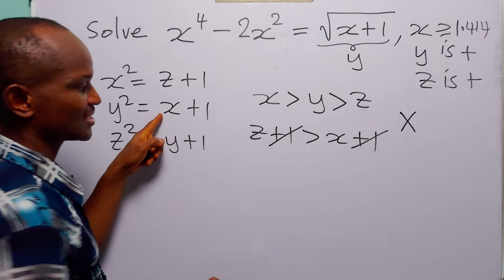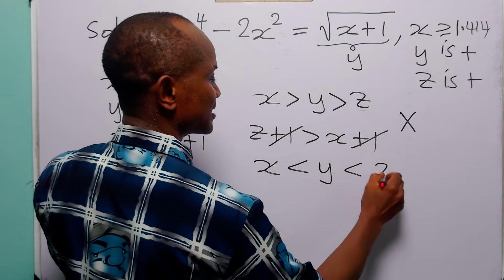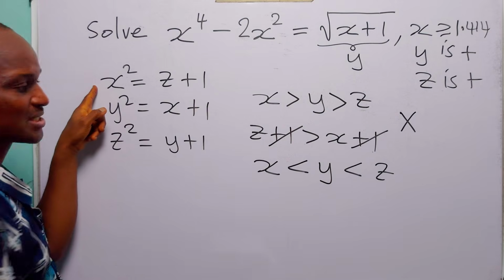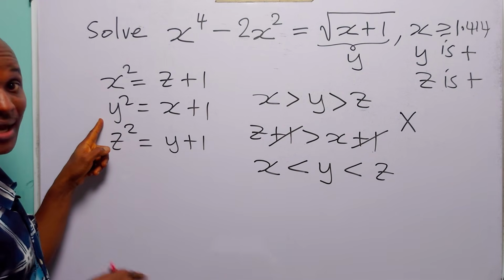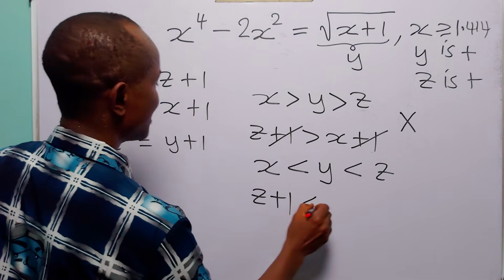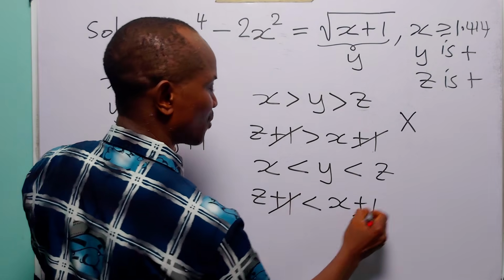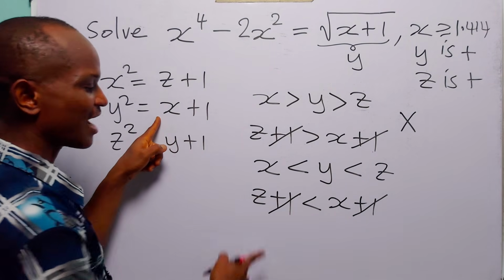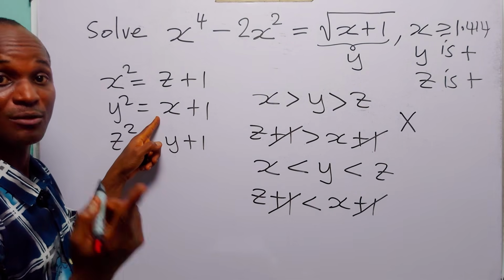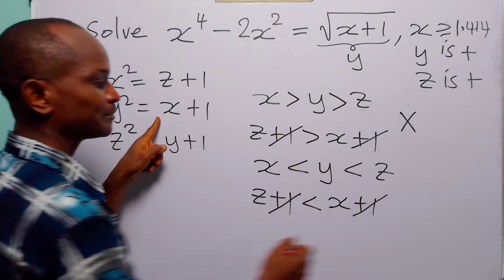Now, on the other hand, let us assume that x is less than y, which is less than z. That simply means that x squared must be less than y squared, and in turn, z plus 1 must be less than x plus 1. Once more, if we subtract 1 from both sides of this inequality, we have that z is less than x, which is a contradiction also because we started out with the assumption that x is less than z.